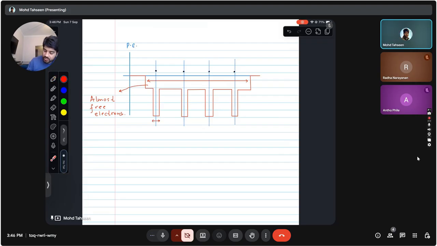So this would correspond to, for example, the inner electrons present at any atom, which do not take part in electrical conduction or thermal conductivity. So these are the electrons which are responsible for that, and these are called tightly bound electrons.